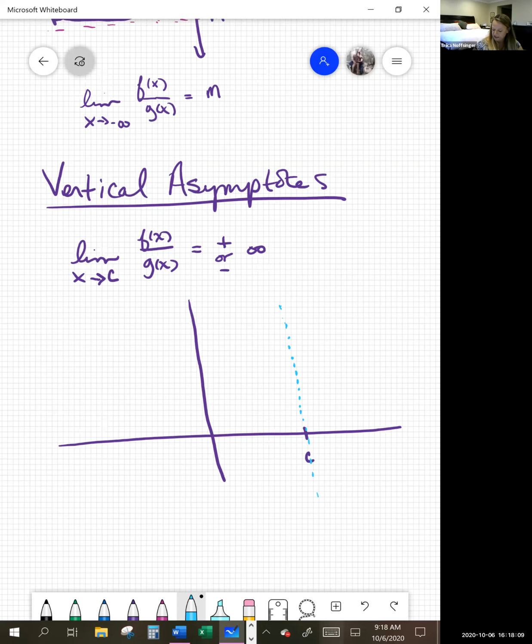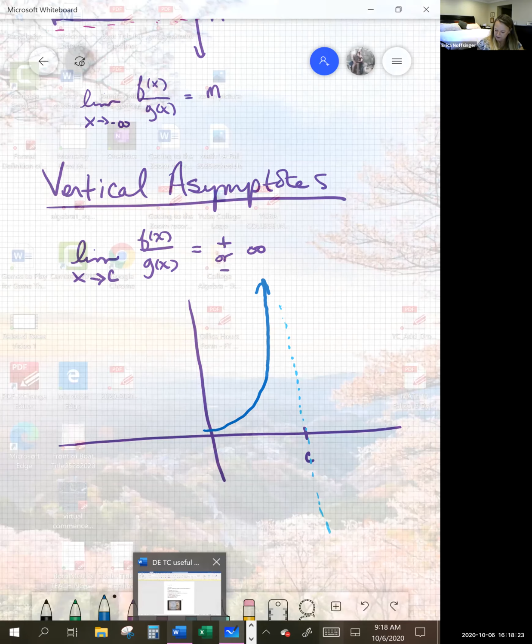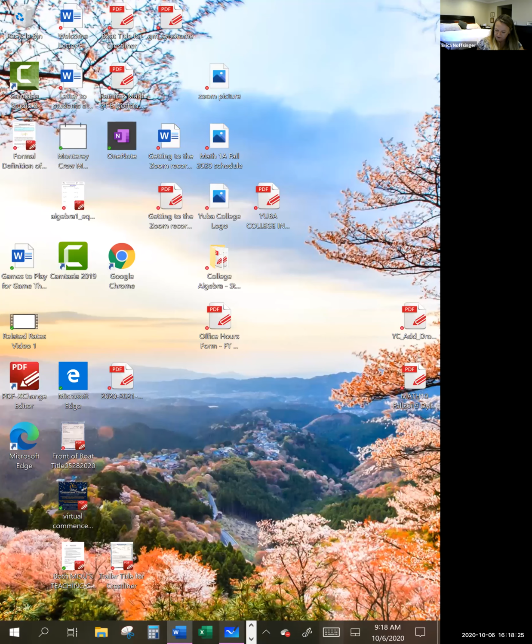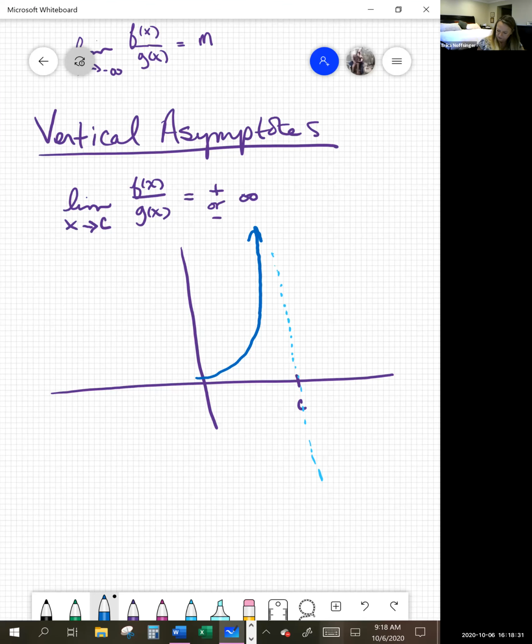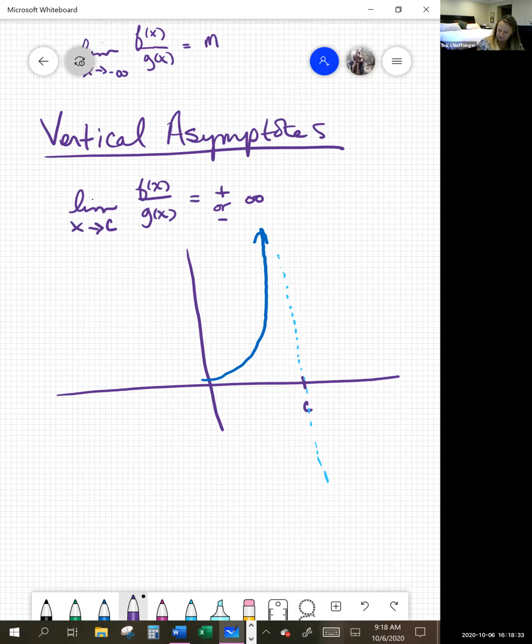Different things could be happening as we're approaching it on the left-hand side. It could be shooting off to positive infinity. Or maybe as we're approaching it on the right-hand side, it's shooting down to negative infinity.